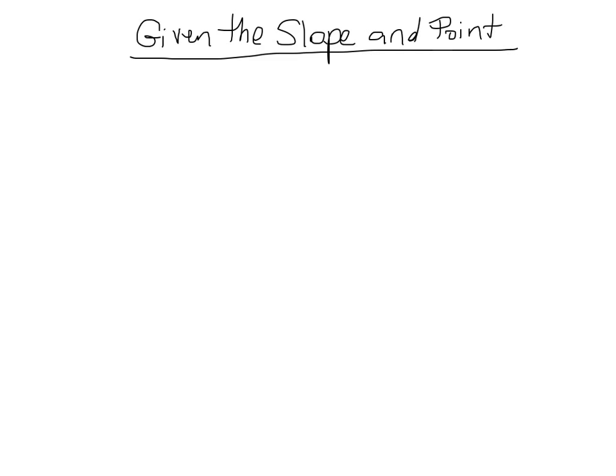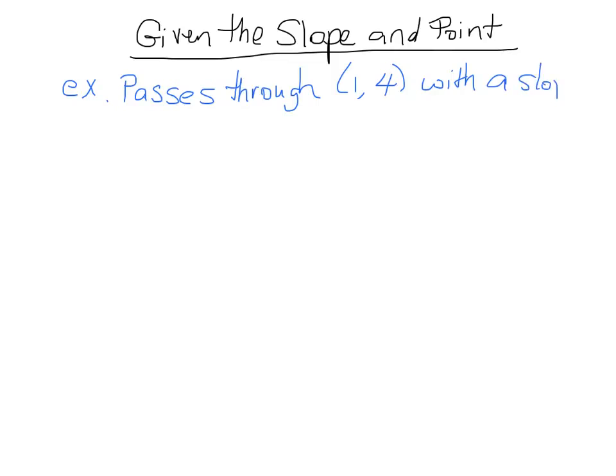So let's say, for example, we have a line that passes through (1, 4) with a slope of, let's say, 7.